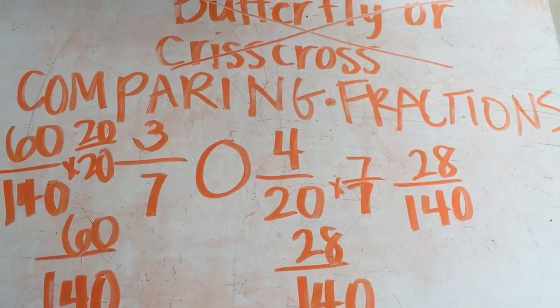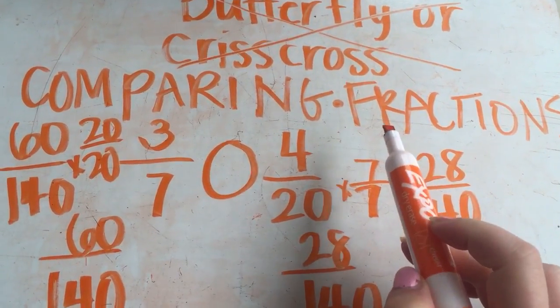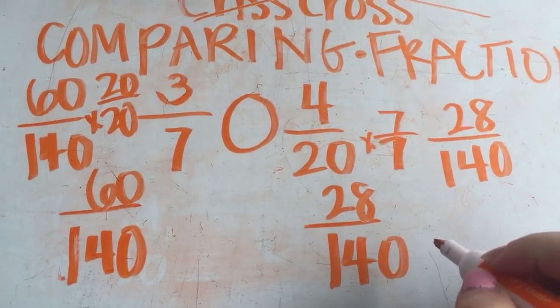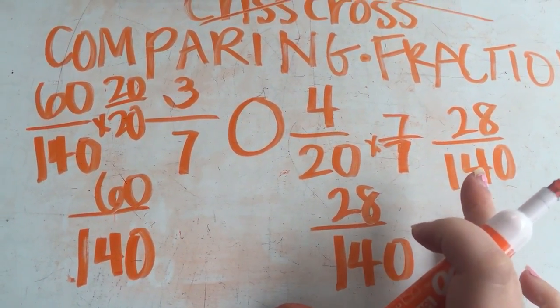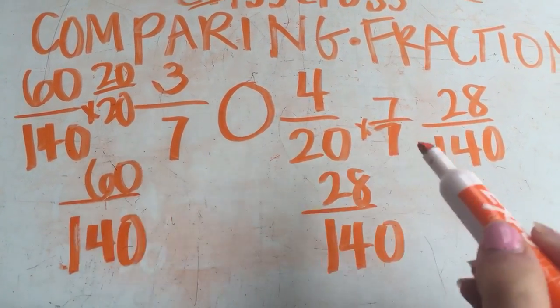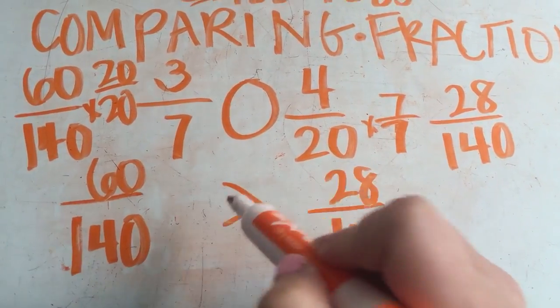If you notice, the 60 and the 28 were the two numbers that we actually got when we cross multiplied. This is the way we want the kids to find whether or not a fraction is greater than or equal to or less than another fraction.